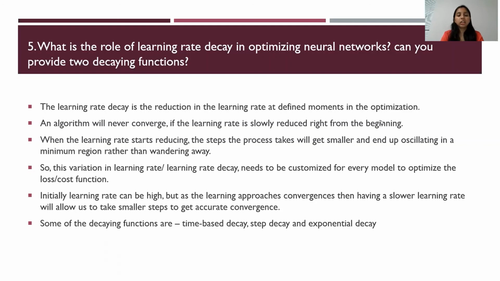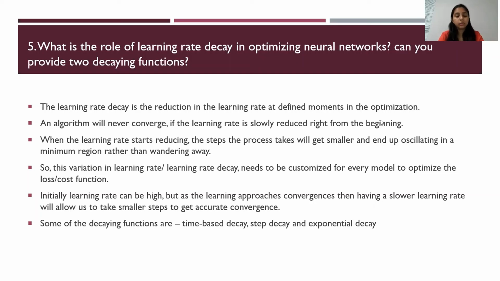So this means that when a learning rate starts reducing, the steps that the process takes will start reducing, and the oscillations will happen only in a minimum region rather than wandering in a large region. So this variation in learning rate or the learning rate decay needs to be customized for every model to optimize the loss slash cost function.